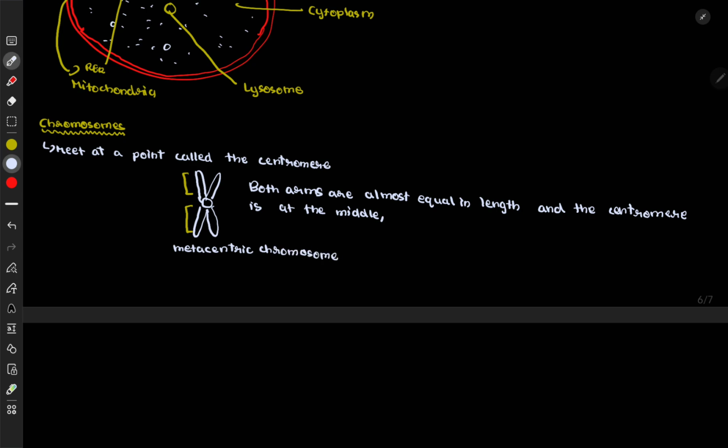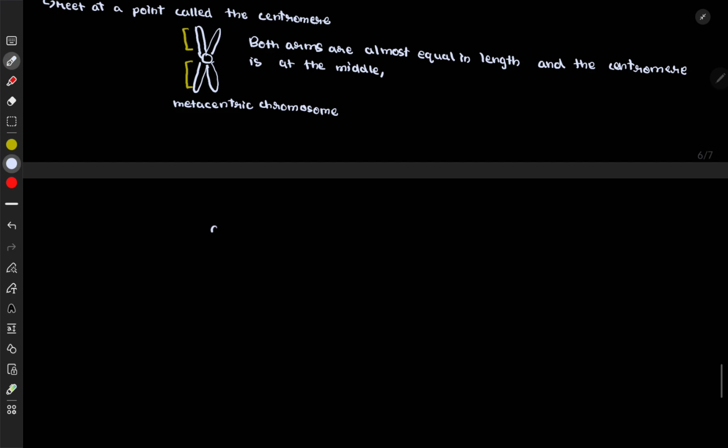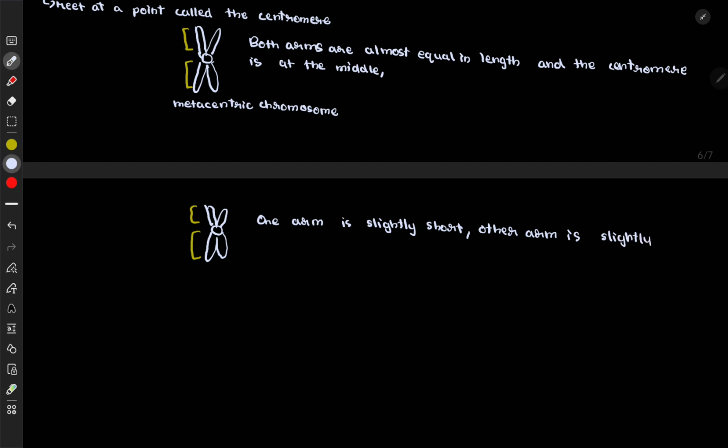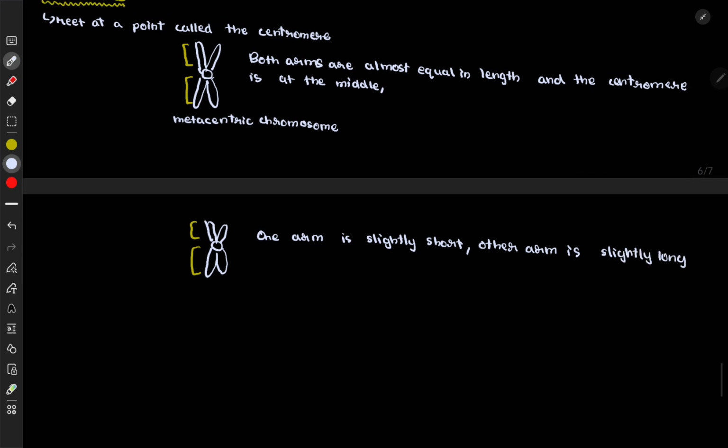Now, let's say we have a chromosome in which one arm is slightly short and the other arm is slightly longer than this one.